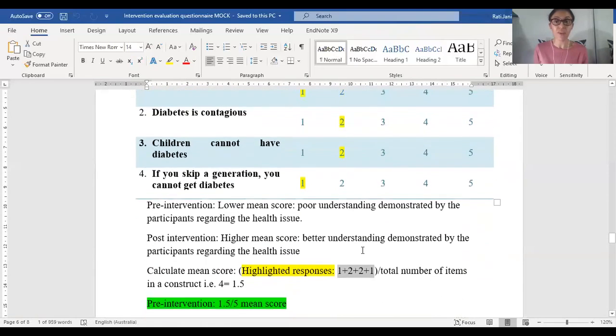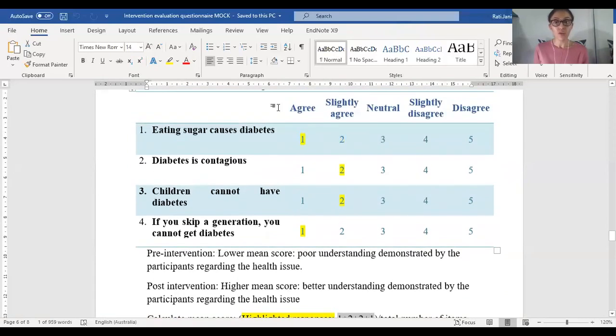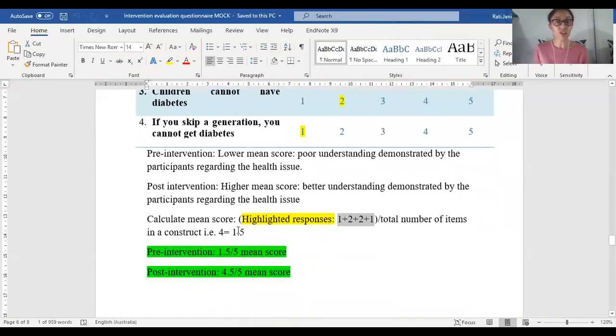Then you divide by the total number of items in a construct. This is my one construct. The total number of items which I have is 4, so I divided by 4. So my mean score is 1.5. My pre-intervention score is 1.5 out of 5.